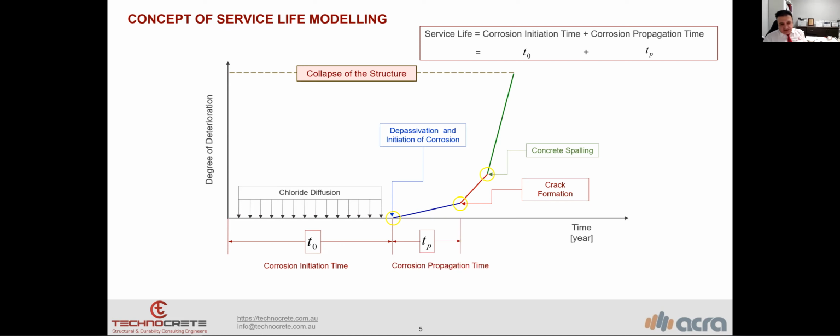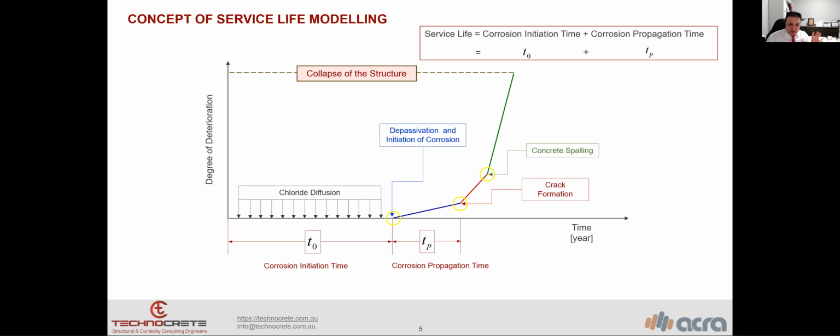The main focus of all research and effort on concrete technology is increasing the corrosion initiation time. We try to increase the corrosion initiation time in order to increase the service life of the structure. For example, we work on different materials, different additives, admixtures, and coating systems to increase the corrosion initiation time in order to have a longer service life.